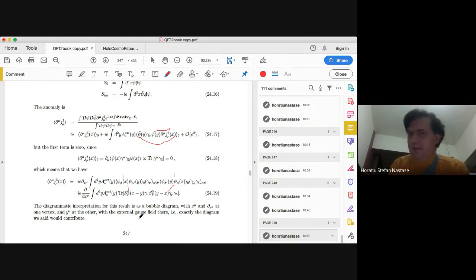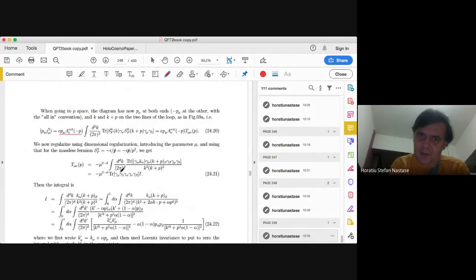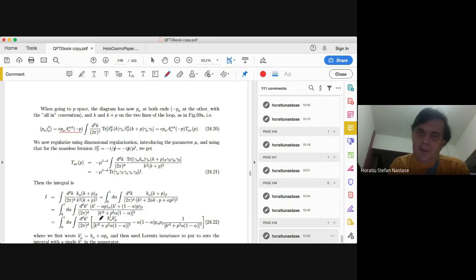And then again, as I said, you get the structure with a trace times an integral, and then you have to see that the integral has a divergent part and a finite part. The divergent part is 1/(2 minus d), and the trace is also d minus 2.